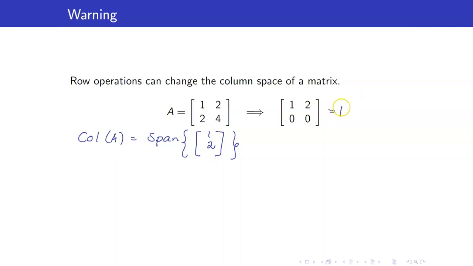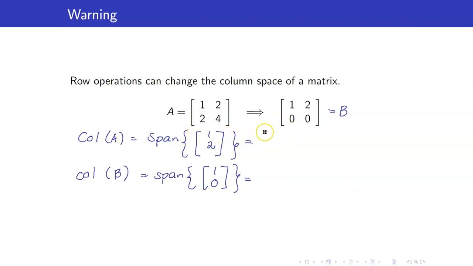Let's call this B. This is the row echelon form of A. If I get the column space of B, it will be the span of the column vector (1, 0). I no longer wrote (2, 0) because (2, 0) is a scalar multiple of (1, 0). How do the elements of the column space look like?